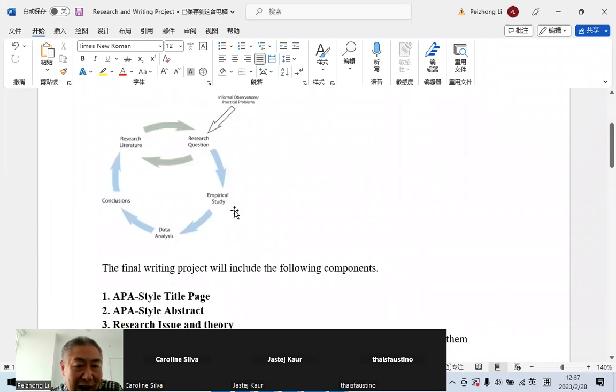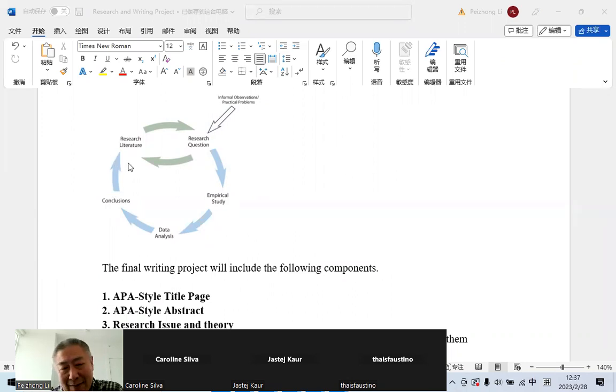You do the study: experimental study, correlation research, or naturalistic observation. In the study, you collect data. Remember, we collected quite a bit of data. You analyze the data, draw your conclusions, and then you publish it.